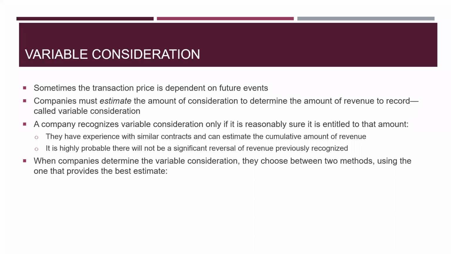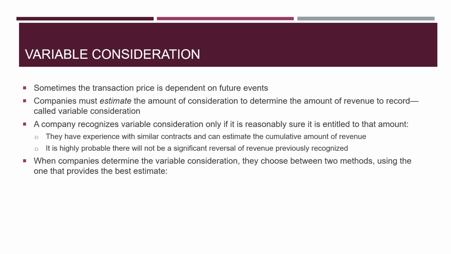So the companies in that case have to estimate the amount of consideration to determine the amount of revenue to be recorded. But they have to make sure that they have experience with similar contracts and can estimate the cumulative amount of revenue, and it is highly probable there will not be any significant reversals of revenue previously recognized. Okay, so what they're saying here is if the ring road construction is on schedule, then it's likely that the bonus will be received.